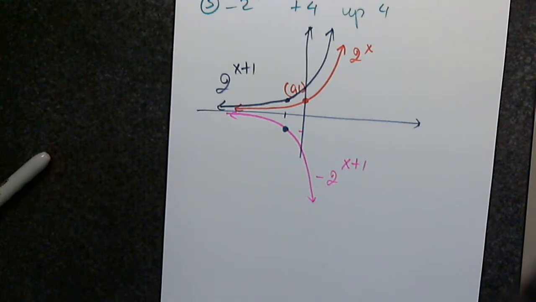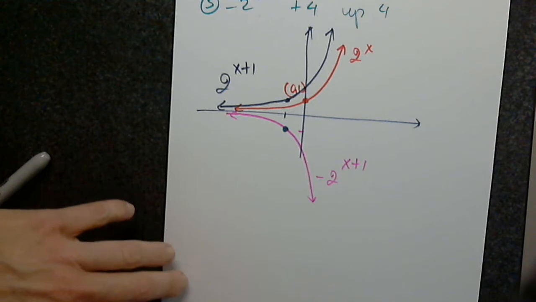So you told me to shift this graph up 4. What do I have to shift first? The horizontal asymptote. Absolutely. Because you're going to have a new horizontal asymptote.